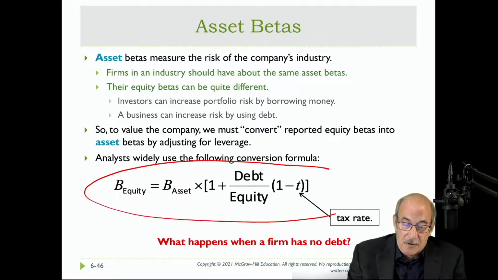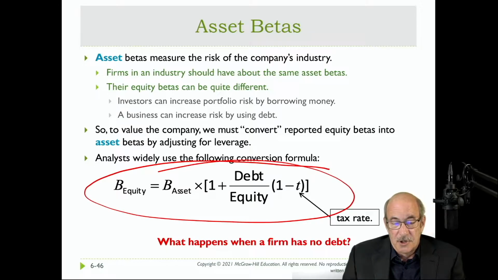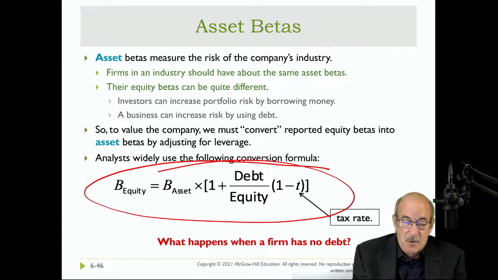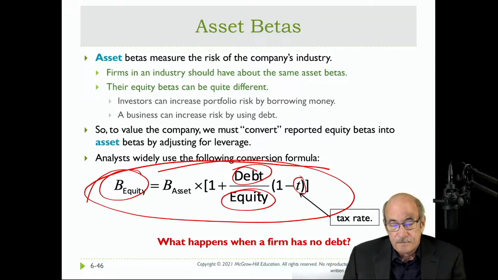Again, I don't know why your authors showed it this way, because actually what we're trying to calculate here is the asset beta. We know what the equity beta is, or we can calculate it. We know the amount of debt and the amount of equity, and we know the tax rate, and we plug those things in.